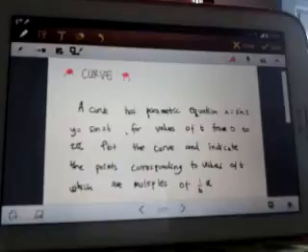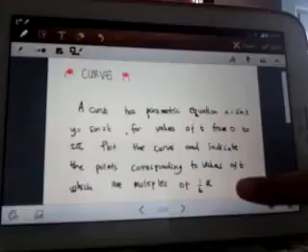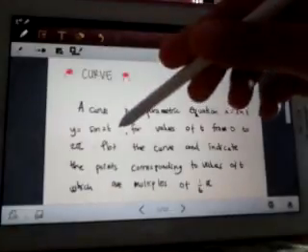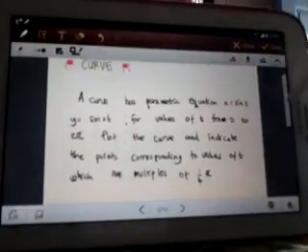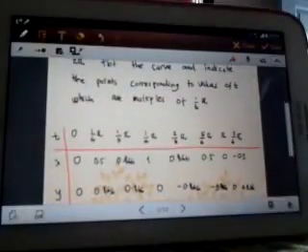So we have to find the values of x and y for each value of t. Just make a table for this.